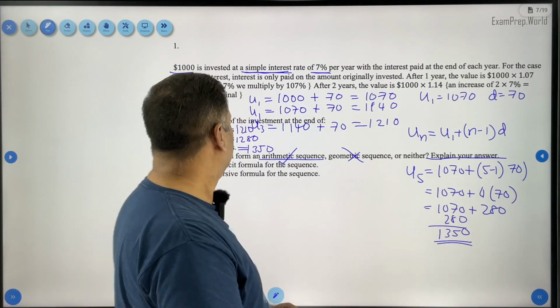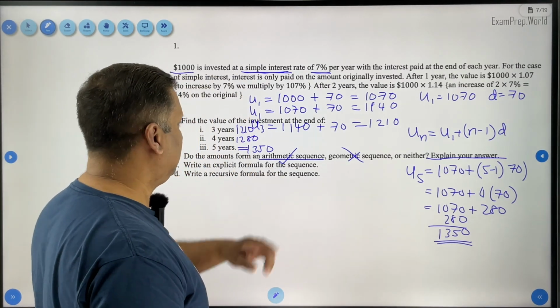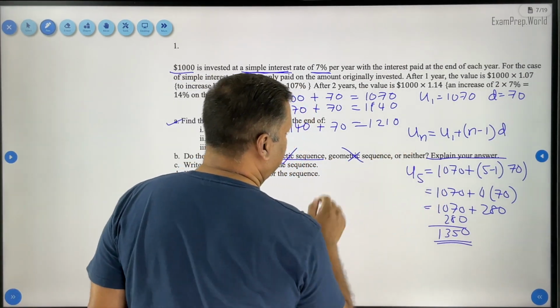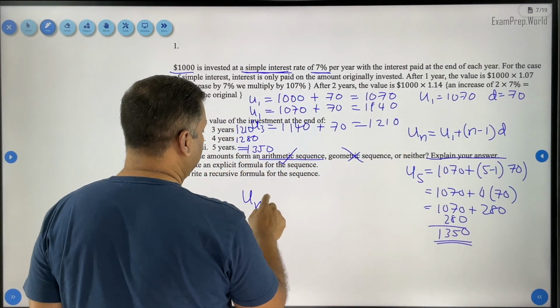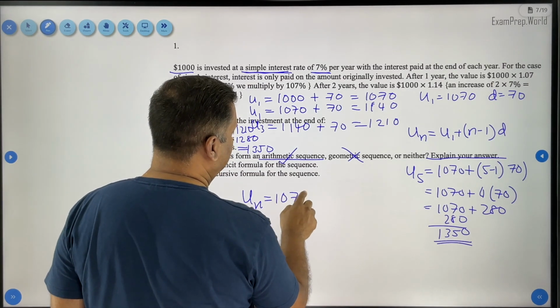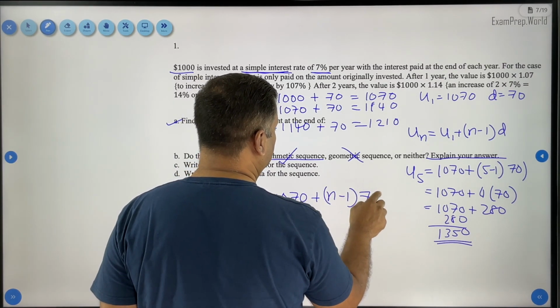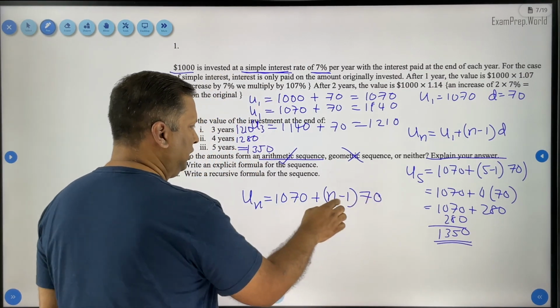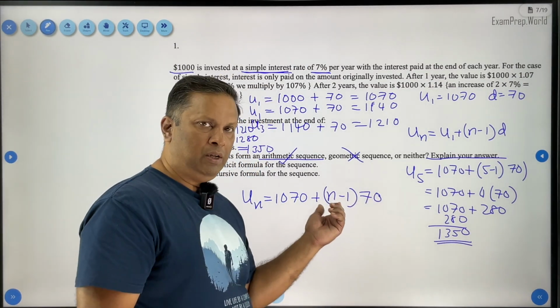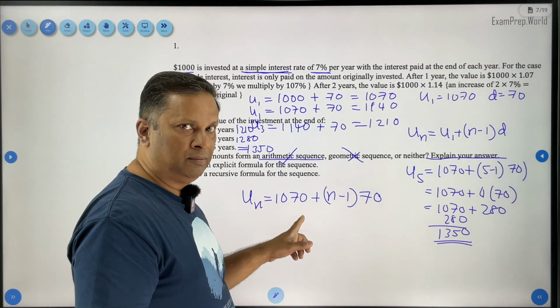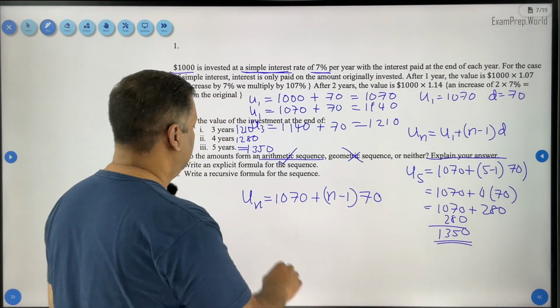Okay. Now write an explicit formula for the sequence. So the explicit formula I actually wrote here. This is the one. So Un is equal to 1070 plus (n minus 1) times 70. Here in explicit, only n is the variable, the rest all data you have to go with. When in recursive, you will have to put even this one as n. Okay. So let's write what this is.